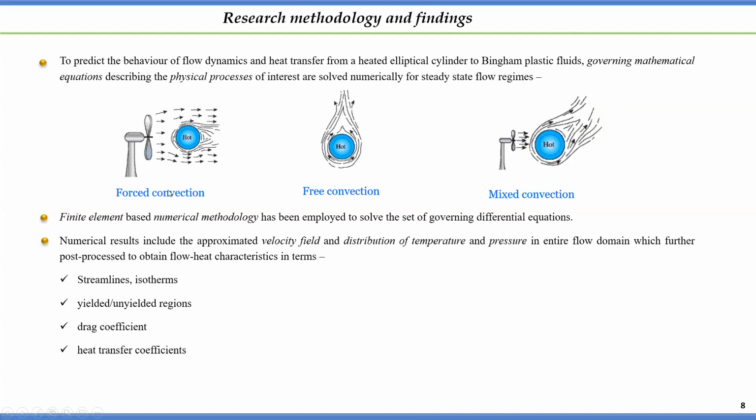What is free convection? When we have some temperature gradient between a hot object and cold fluid, or hot fluid and cold object, then because of this temperature gradient, what happens? A density difference will occur, and because of this density difference, a flow current will generate across this object, and we are able to see the flow which is called free convection.